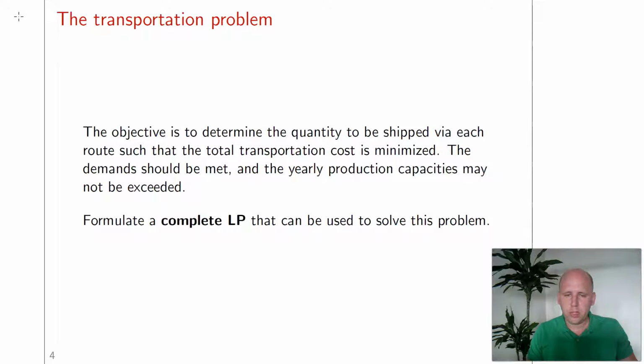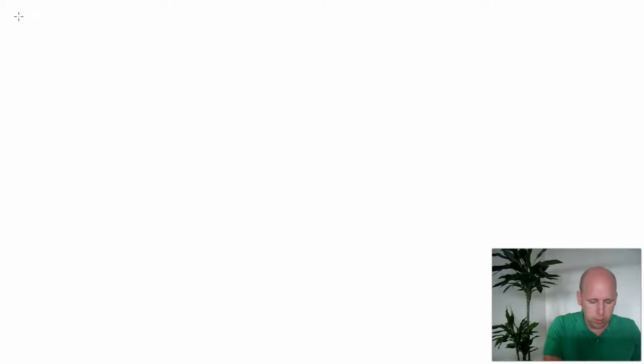So the first question is then, what are the decision variables? So what can we choose? For each pair of a plant and a distribution center, we need to determine the amounts that we are going to ship. So a good way to start with the decision variables is to say that Xij, we are going to define that.